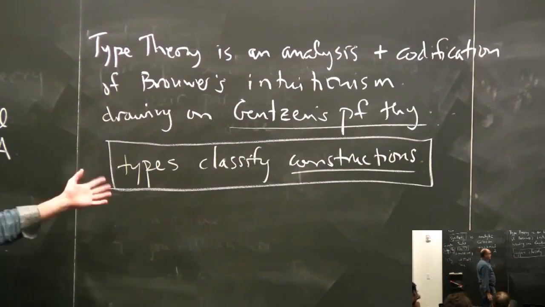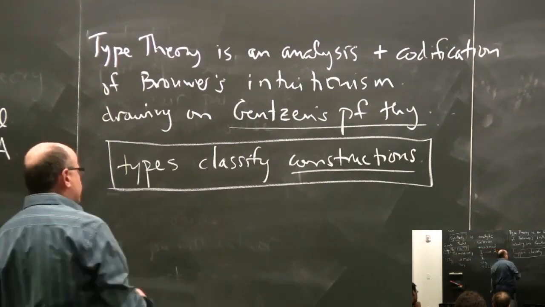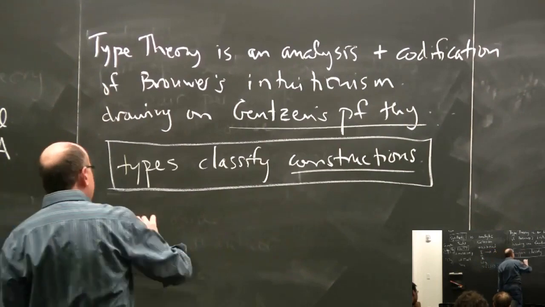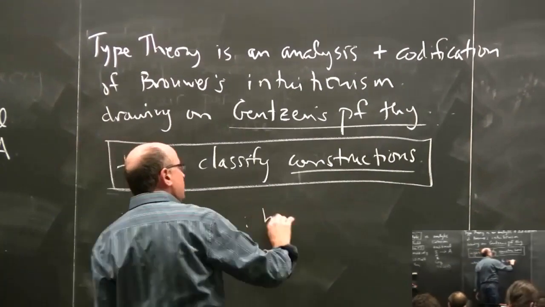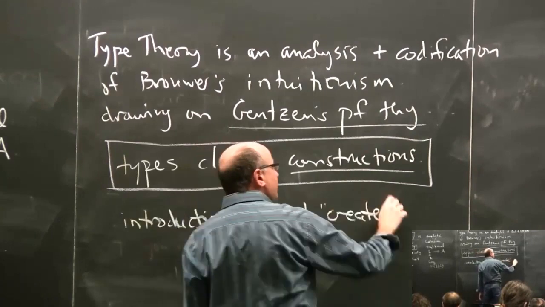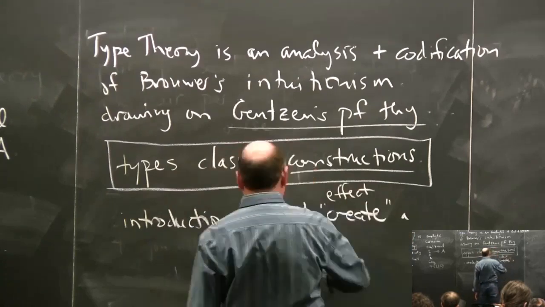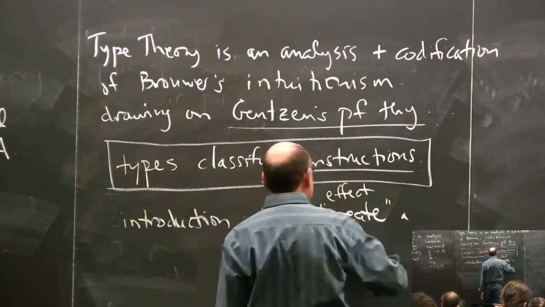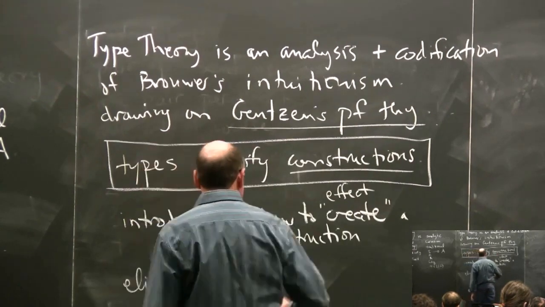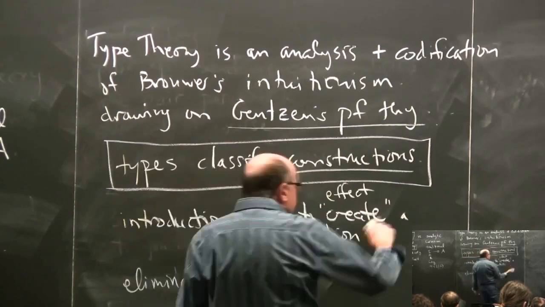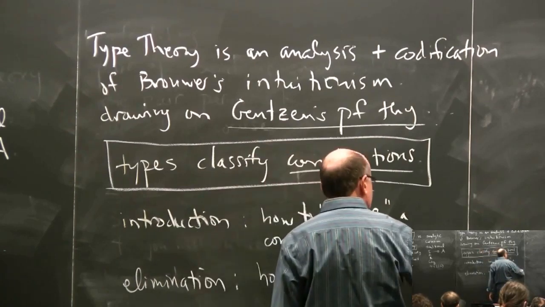But there are some basic principles. And the idea, which is drawn from Gentzen, is to tell you what the forms of construction are. You have what are called introduction rules, which tell you how to create, for lack of a better word, or effect a construction of a particular kind. And you have what are called elimination rules, which I'll show in practice, which tell you how to deconstruct a construction and how to use a construction in the course of building another one.